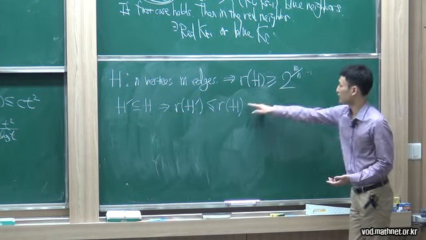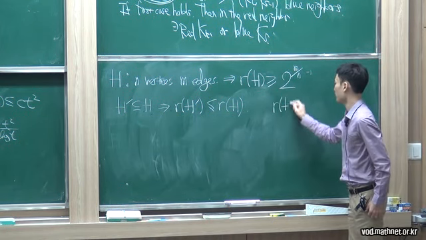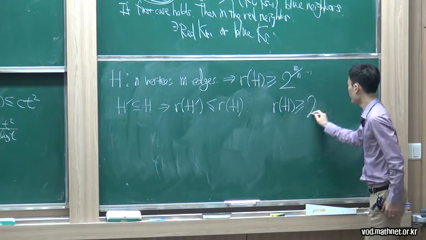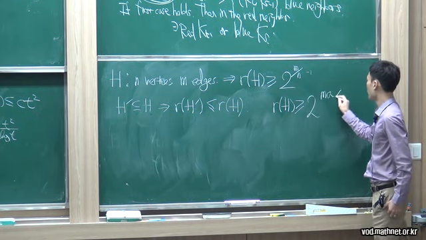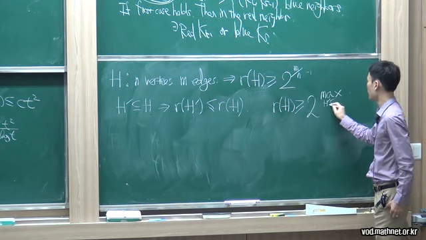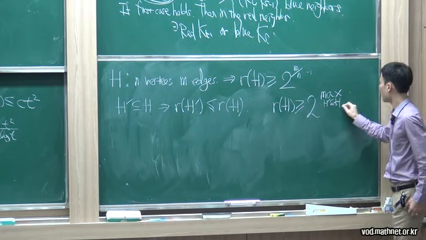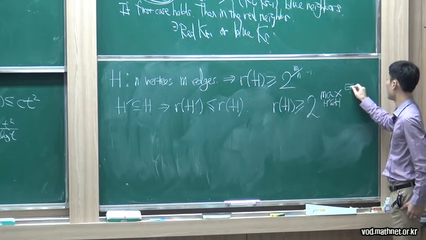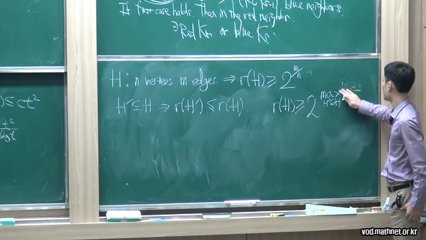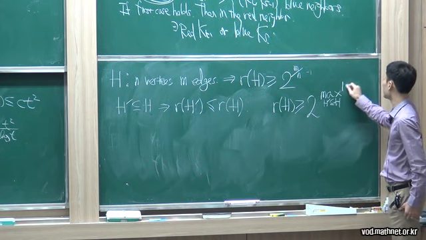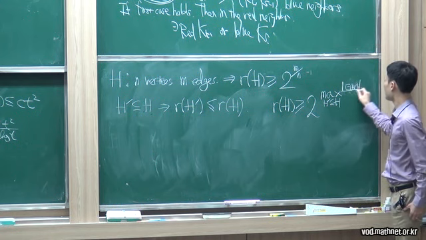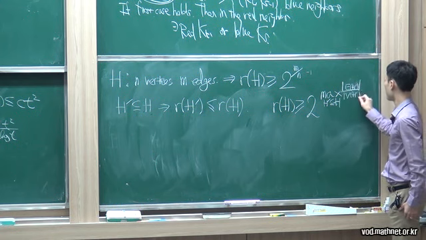That, together with this, gives the following bound on the Ramsey number: at least 2 to the maximum over all subgraphs H prime of H of the number of edges of H prime divided by the number of vertices of H prime.